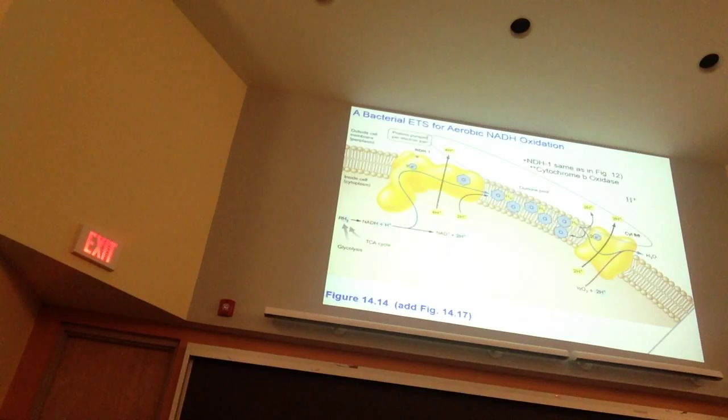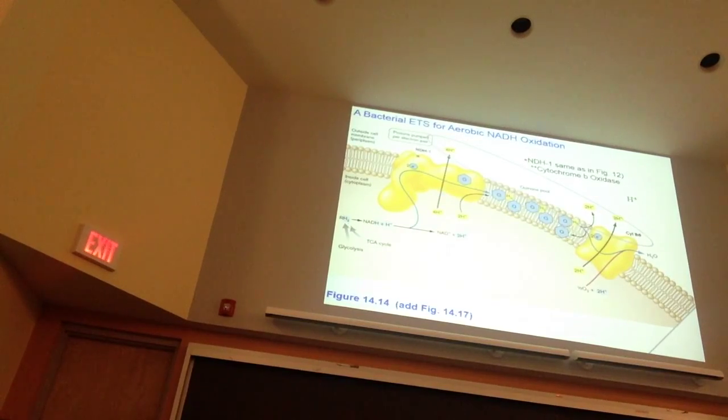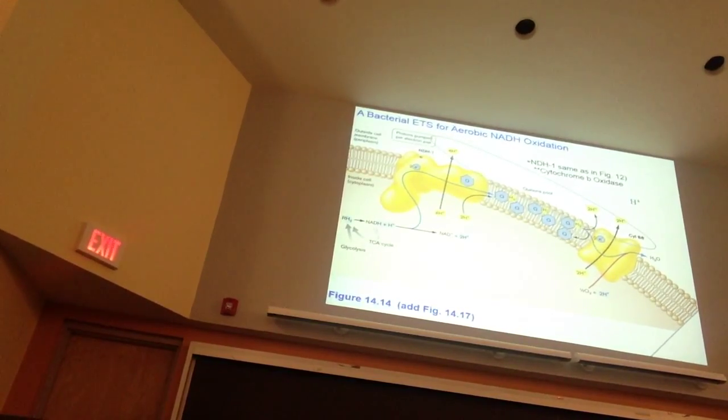To review this again, RH2 is basically some sort of reduced compound. I would prefer just, hey, where did NADH come from? It came from the TCA cycle and glycolysis, okay?